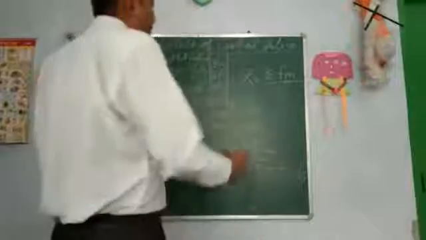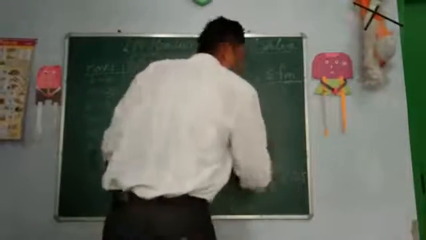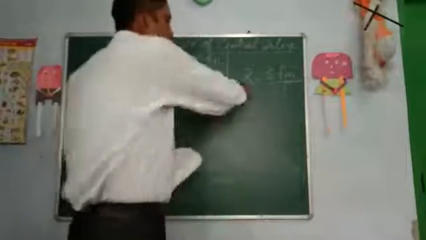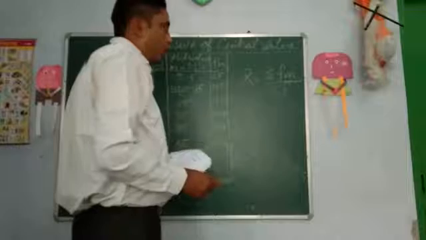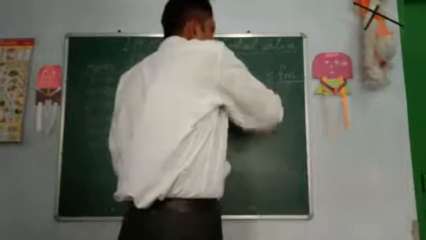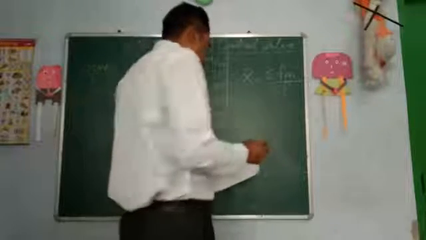Now what we will do is put all this into the formula. X bar, that is the mean value or the average, we will take out, is equal to sum of fm divided by sum of f. By direct method we are doing this.